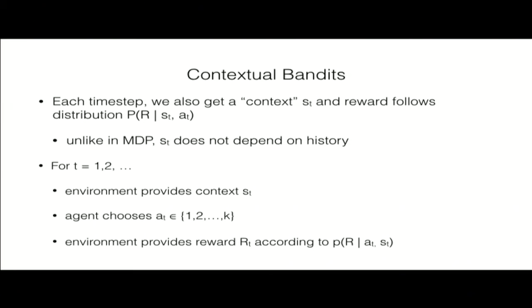In contrast to an MDP, where you have the state of a system which evolves over time, so the outcome now depends on your actions in the past and your states in the past. So here, every time step we get a context, and the reward follows this distribution, the probability of reward given the context and the action you took.